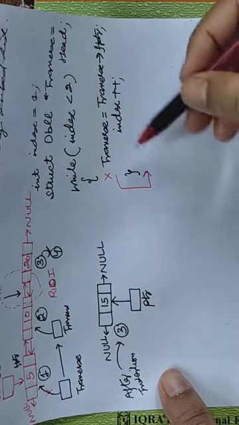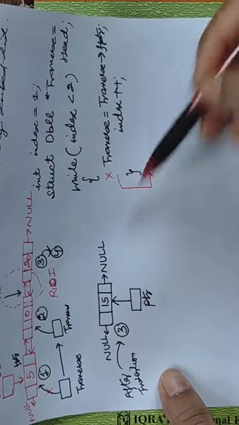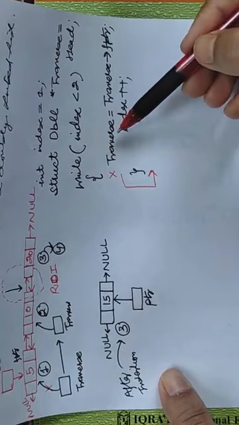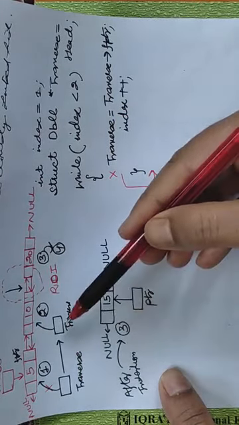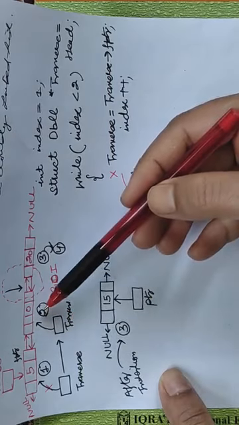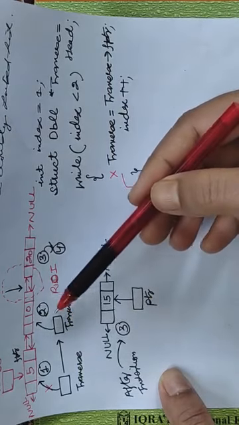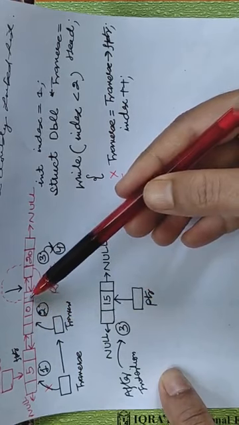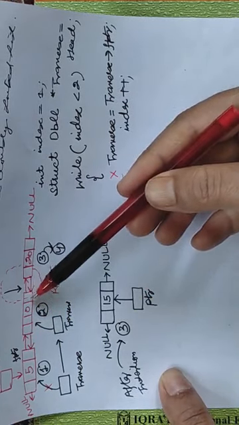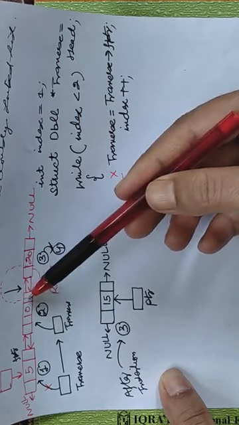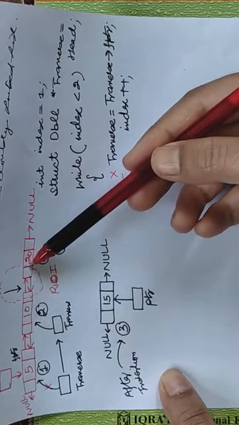Before that, we have made this traverse pointer advance one step, and now it points to node number 2. Once it points to node number 2, this forward pointer of node number 2 becomes available to us, and this contains the address of node number 3.